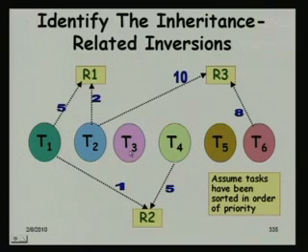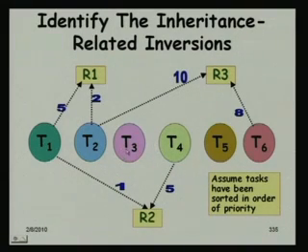What about T3? Will it undergo inheritance related inversion? Due to which task? Yes, it will undergo inheritance related inversion due to both T4 and T6, because T4 priority might be raised to T1 due to the resource, and similarly T6 priority could have been raised to that of T2 because of R3.